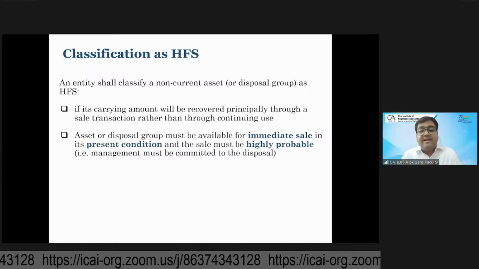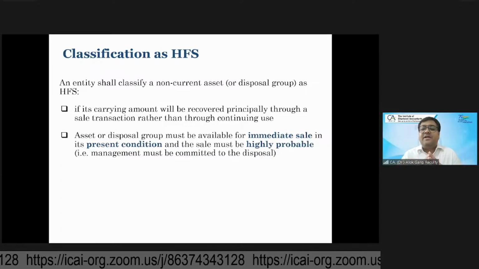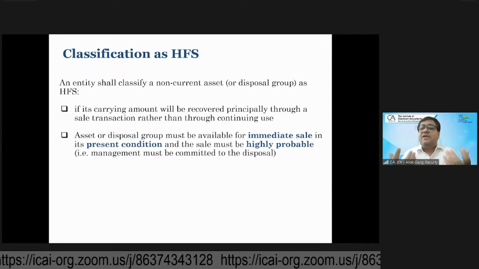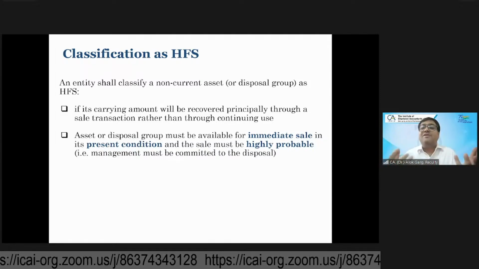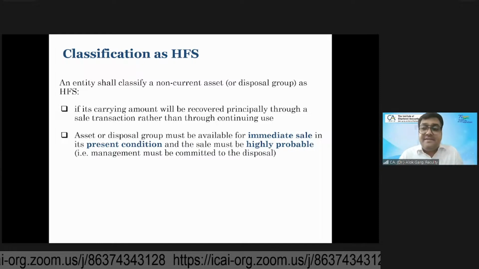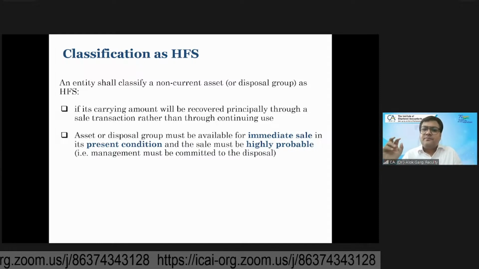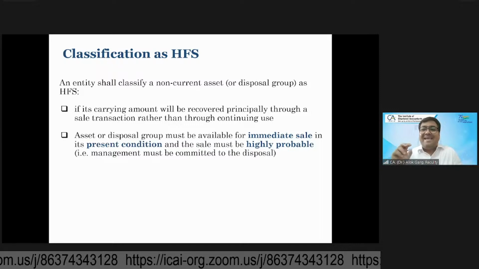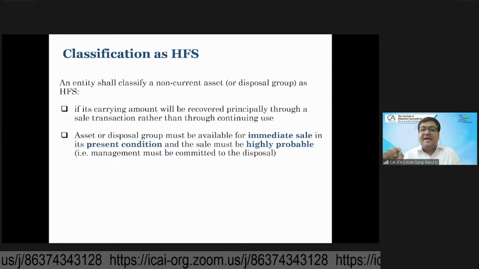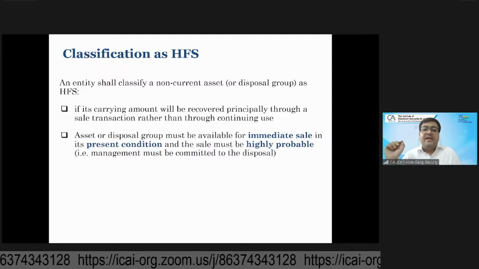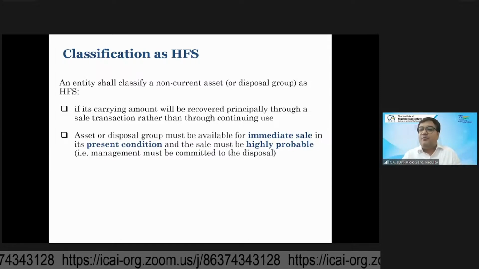So the standard says that in case of a non-current asset held for sale or disposal group held for sale, the future economic benefit will be recovered through a sale transaction rather than through continuing use. It means the assets which are coming under Ind AS 105, which is NCA HFS. In short, I'll call it NCA HFS, non-current asset held for sale, and DGHFS, disposal group held for sale.